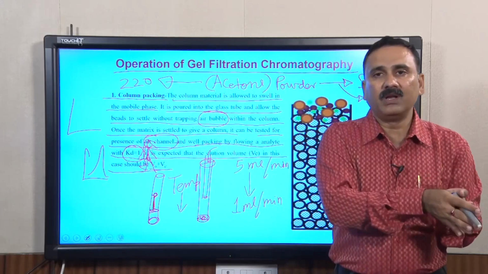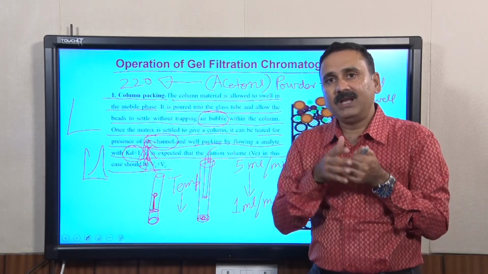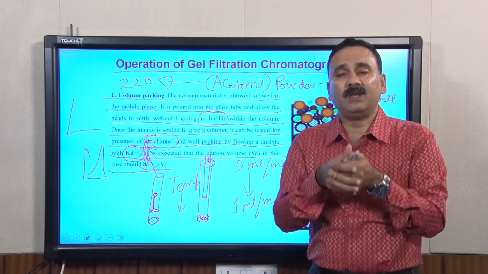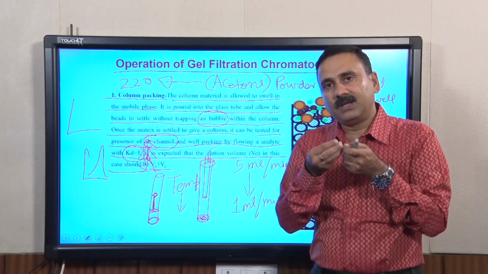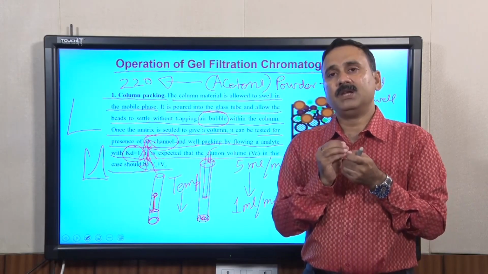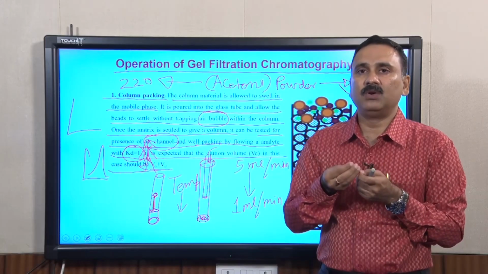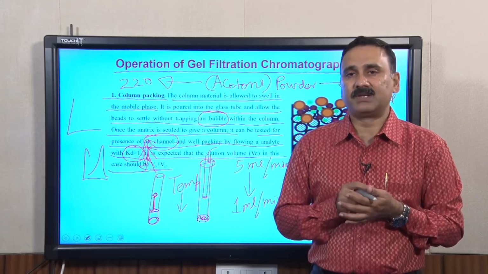Suppose you go from 4 degrees to 37 degrees, then you are expanding the air present in the water in which your column is packed, and this expansion of the water-soluble air is going to come out and create channels as well as bubbles.